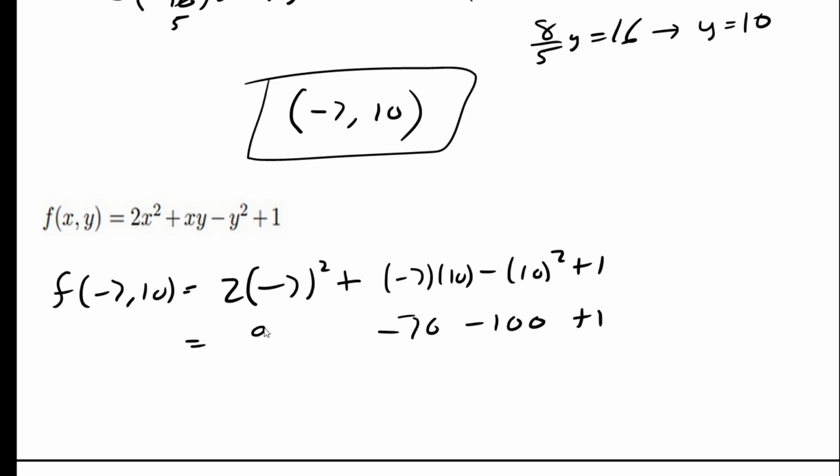Yes. So that's going to be negative 1 minus 70 equals negative 71.